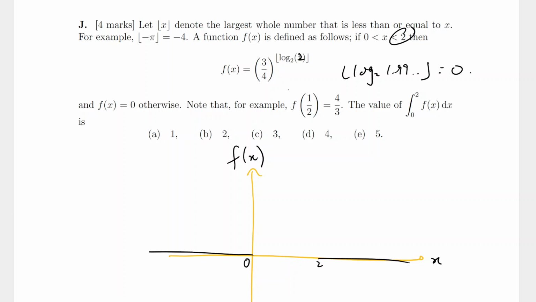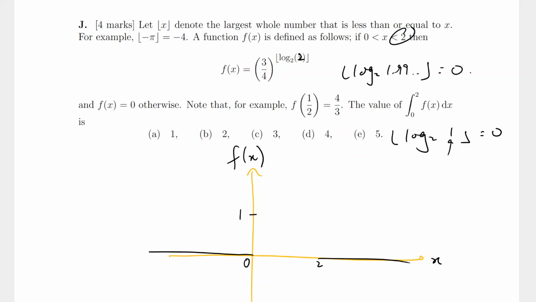So 3/4 to the 0 is 1. How long does this phenomenon last for? It lasts until you have log base 2 of 1, the floor of that is 0. If you go slightly downwards, because log is an increasing function, you go even lower, and your floor will become negative 1 or negative 2 or whatsoever.